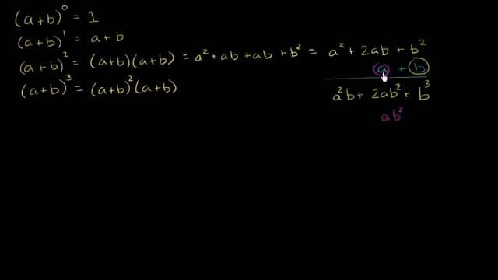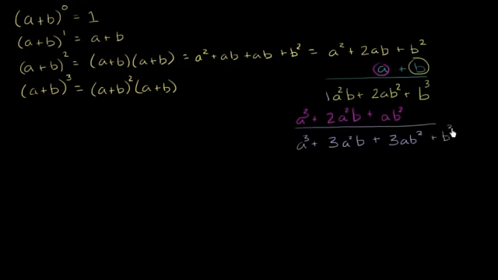A times 2ab is 2a squared b, and then a times a squared is a to the third power. And now when we add all of these things together, we get a to the third power plus 1a squared b plus two more a squared b's. That's going to be 3a squared b plus 3ab squared. 2ab squared plus another ab squared is going to be 3ab squared plus b to the third power.